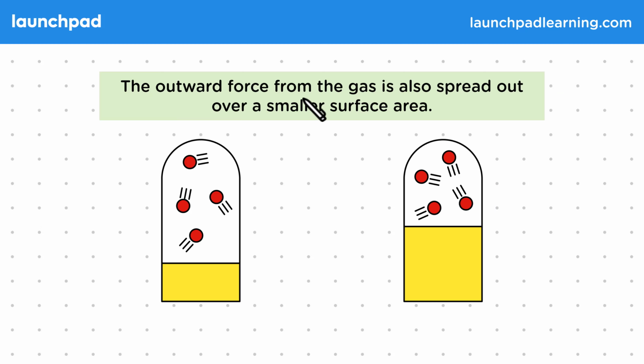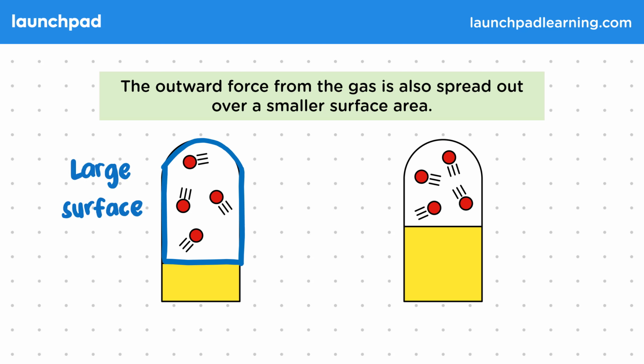The outward force from the gas is also spread out over a smaller surface area. So notice here that when the oil is low, there is a large surface area that the air molecules can collide with. And when the oil is high, this surface is smaller. In general, decreasing the volume of a container will also decrease its surface area.